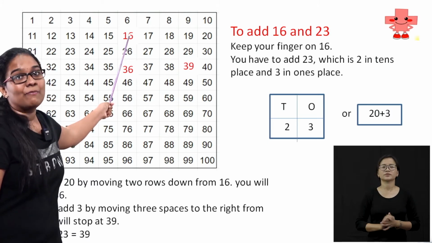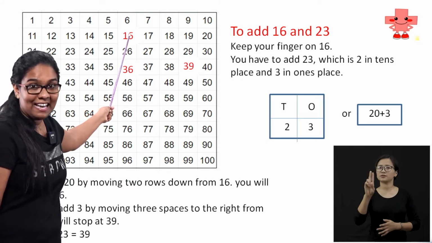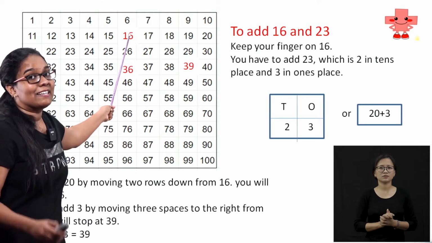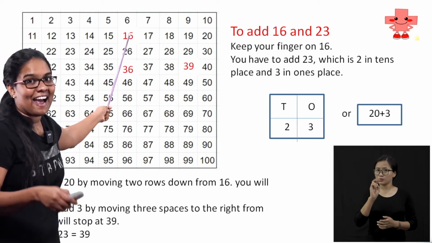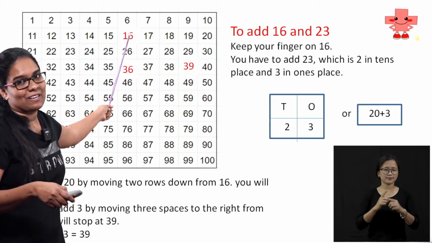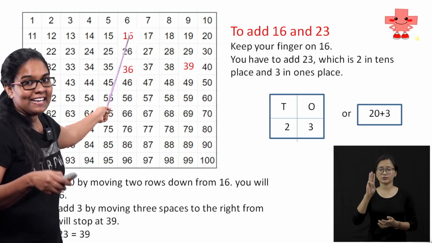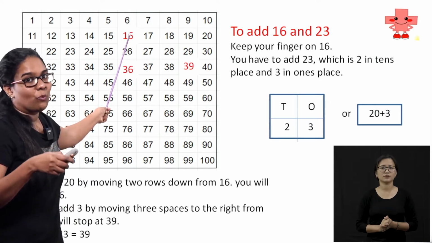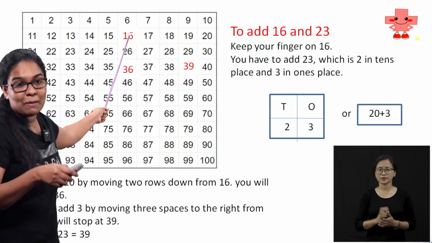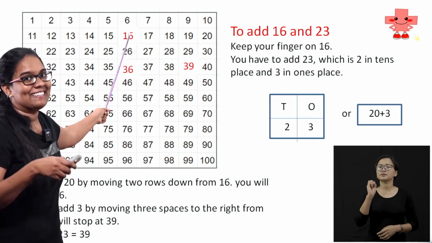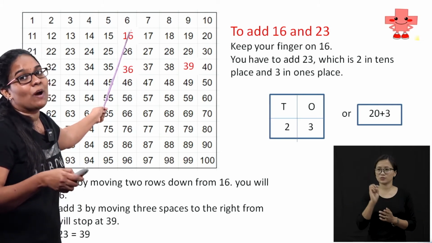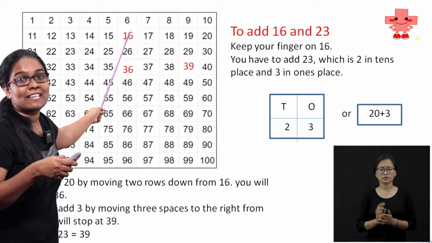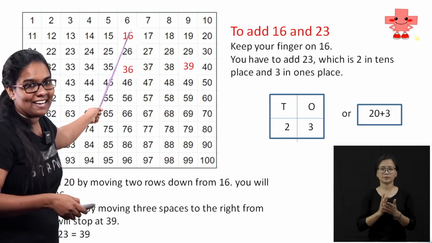Then you have to add 23, which is 2 in the tens place and 3 in the ones place. That is 20 plus 3, which is 23.